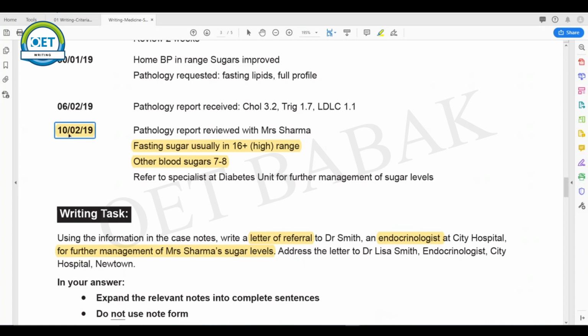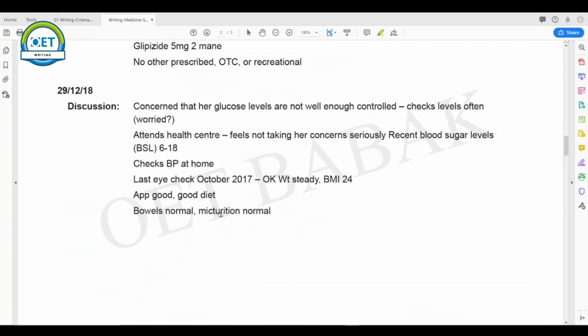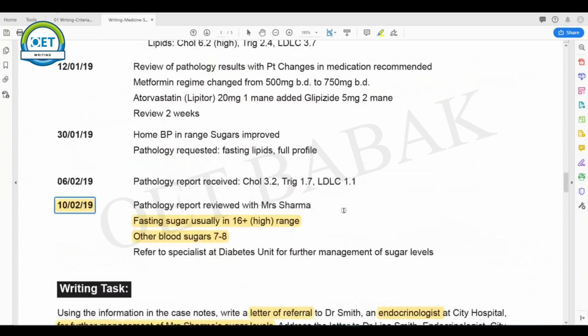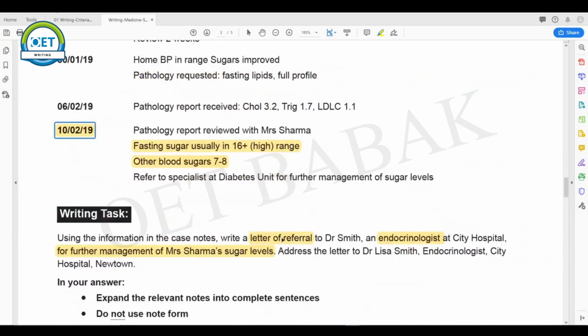Yes, it could be any date, but you need to write this on the top of your letter, or if it tells you what date it is up here, you need to write the same thing. But basically, today we have decided, and usually we refer the patient on the same day. So on this date, I decided to refer to a specialist clinic. So this is the date of my letter. Okay. So regardless of what day is your exam, this is your date. Okay.